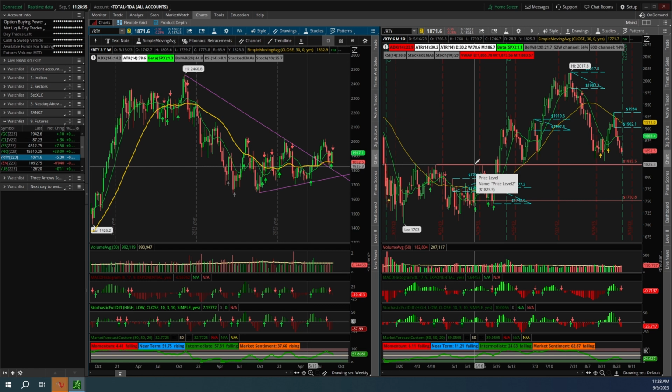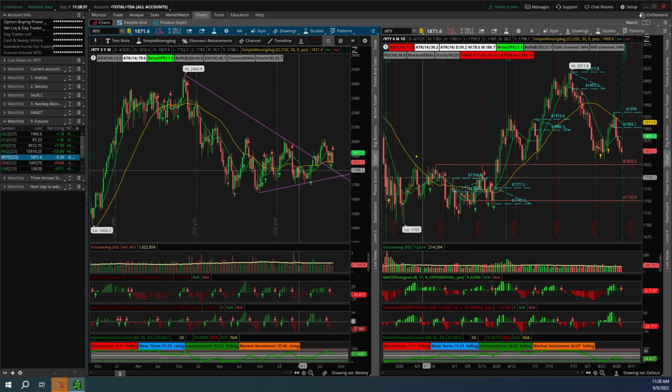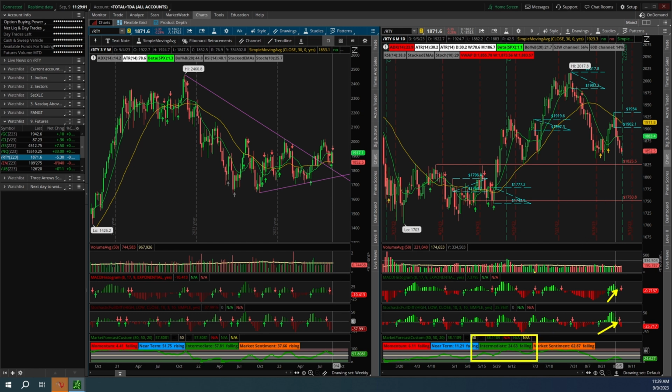There is a significant, well-defined support level right here, that most likely can be visited. So 1825 is a very important level, I would say. We will see if it's respected or if it continues moving down. Momentum is down, stochastics is down, and intermediate is falling. So my bias is to the downside in RTY.